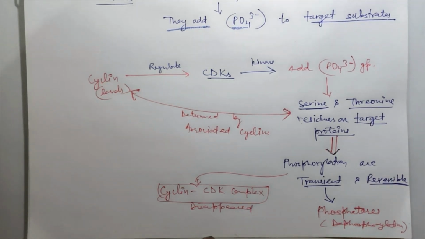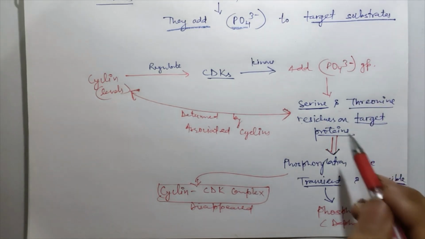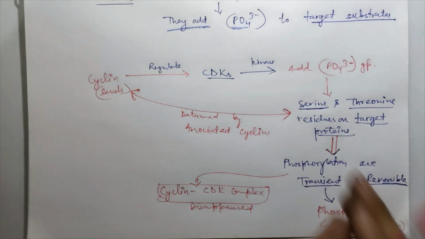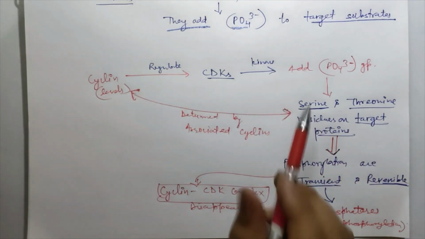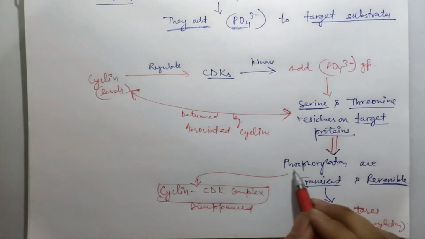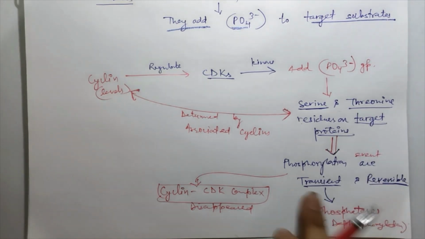So first, phosphorylated target proteins help in completion of a specific task of the cell cycle, and then this phosphorylation event is not permanent, it is transient and reversible.